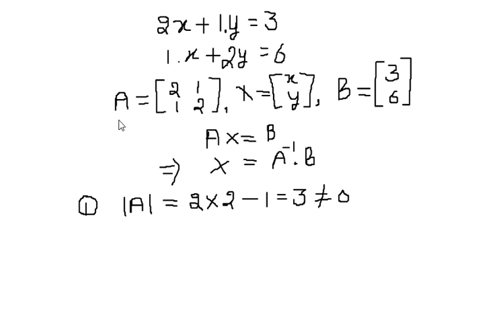A matrix whose determinant is not equal to 0 is called a non-singular matrix, and the inverse of a matrix is possible only if the matrix is non-singular. For a singular matrix, the determinant will be equal to 0 and the inverse will not exist. So we are lucky that for this matrix the determinant is not equal to 0, so it is non-singular and its inverse is also possible.